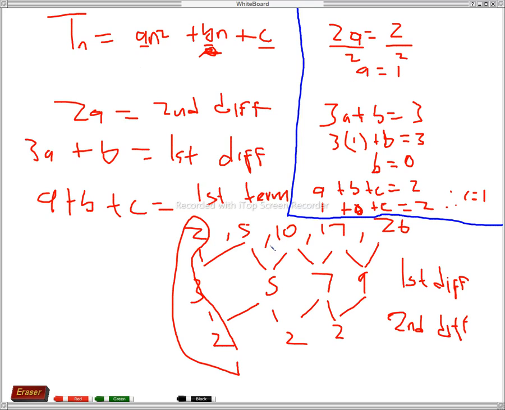So let's just now write our general term. So I will just write my general term here. So my Tn is equal to, let's go for the value of a is 1. So you don't have to write 1, you know how math is. You can simply say n squared plus b is 0, so it's going to be 0n plus c is 1 plus 1.